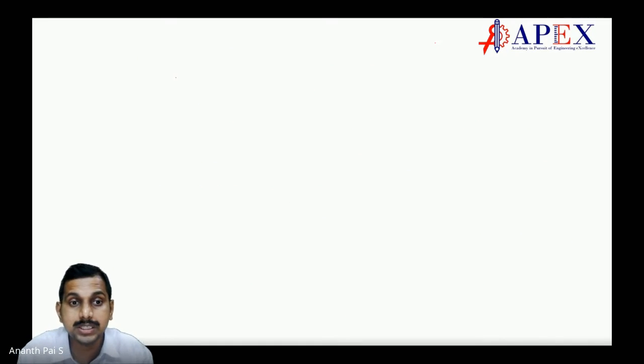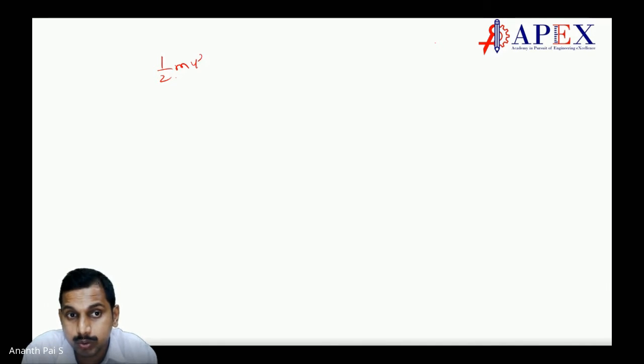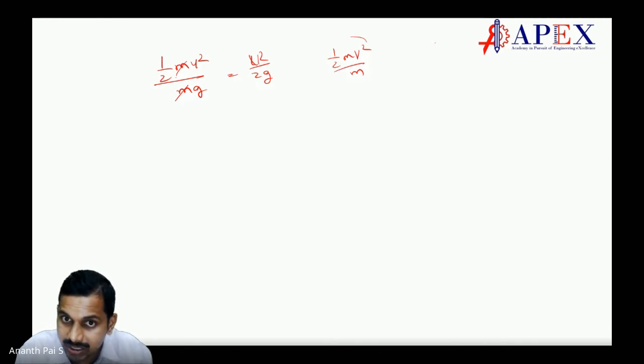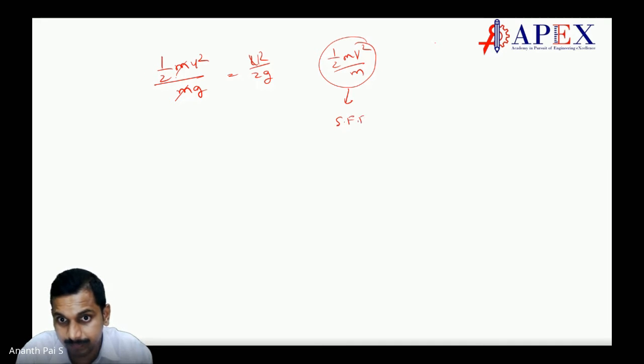When you consider Bernoulli's equation, it is half m v square divided by weight, which is mg. Correct? The m cancels and you have half v square by g. But here we have half m v square by m, energy per unit mass, since energy per unit mass is what we consider in SFEE.